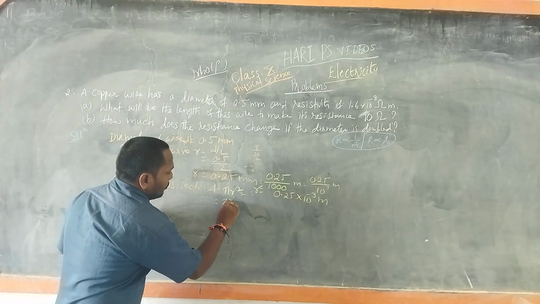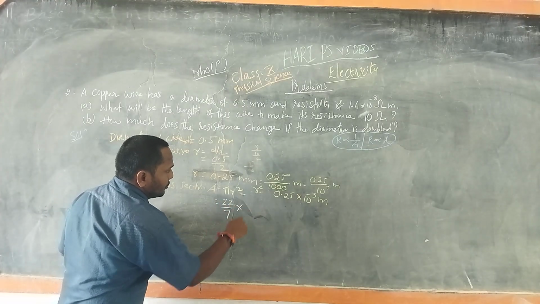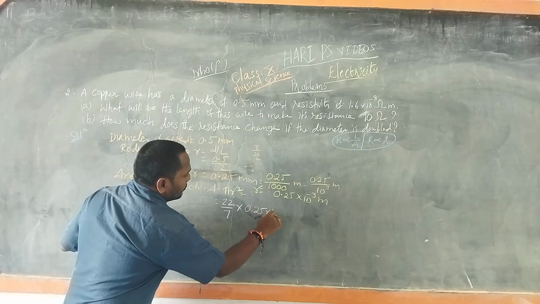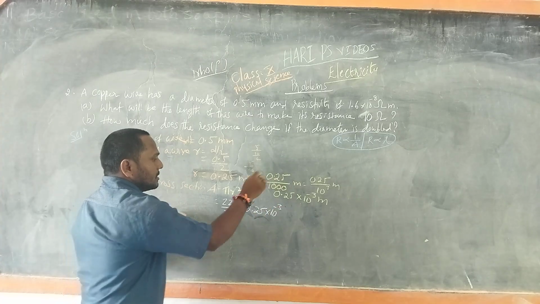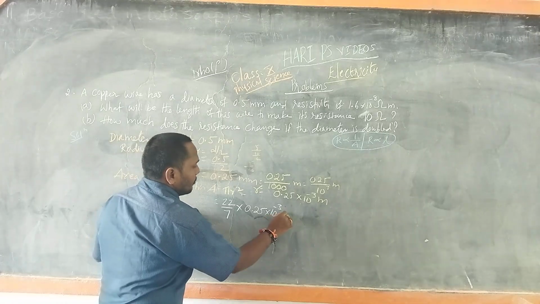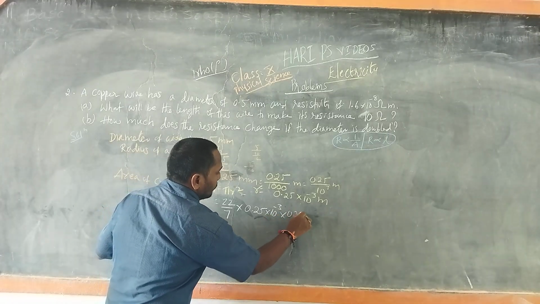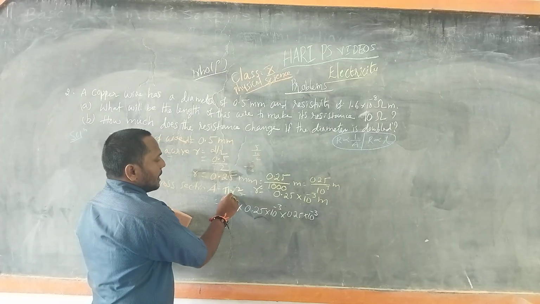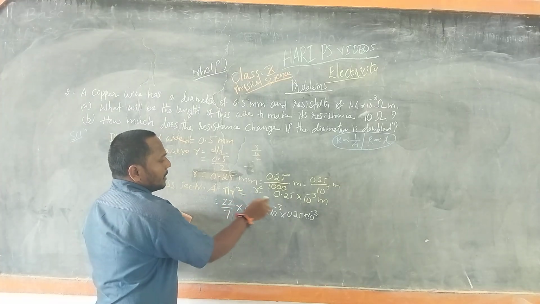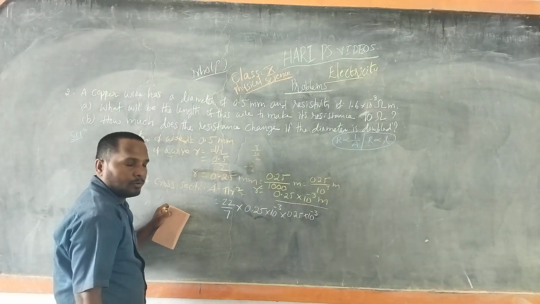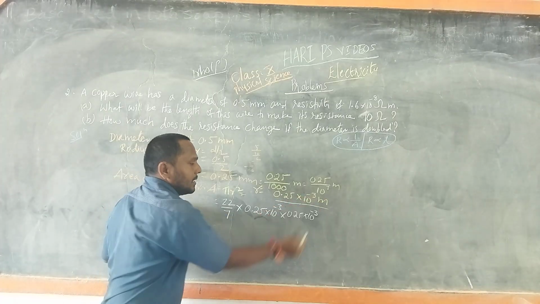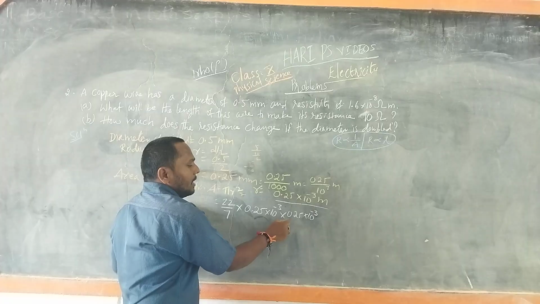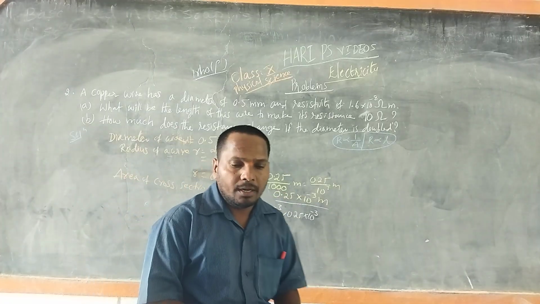That is equal to 22 by 7 into 0.25 into 10 power minus 3 square. So r is equal to 0.25 into 10 power minus 3 meter, and r square is 0.25 into 10 power minus 3 times 0.25 into 10 power minus 3.